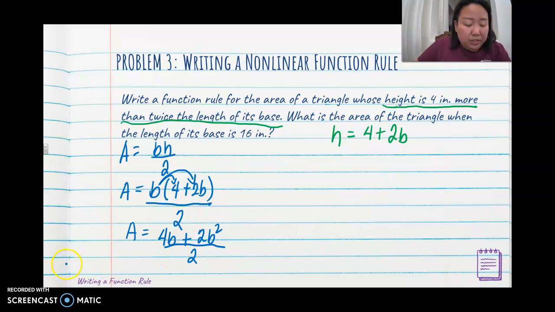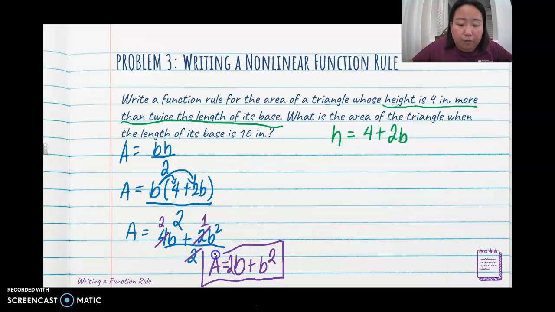But if you notice here, you can see that 4 and 2 can both be divided by 2. So we can cancel this denominator. This 2 will become just 1, and this 4 will simply be 2. So to simplify the formula for the area of this triangle, area will be equal to 2b plus b squared. Okay, so this is the function rule.